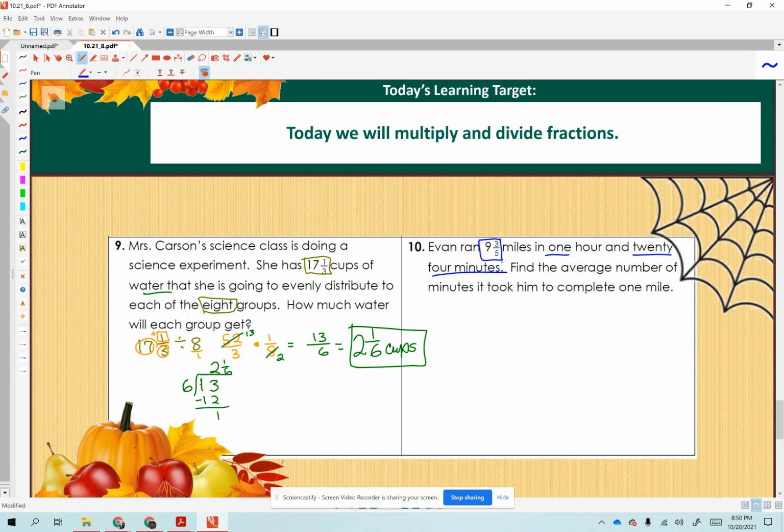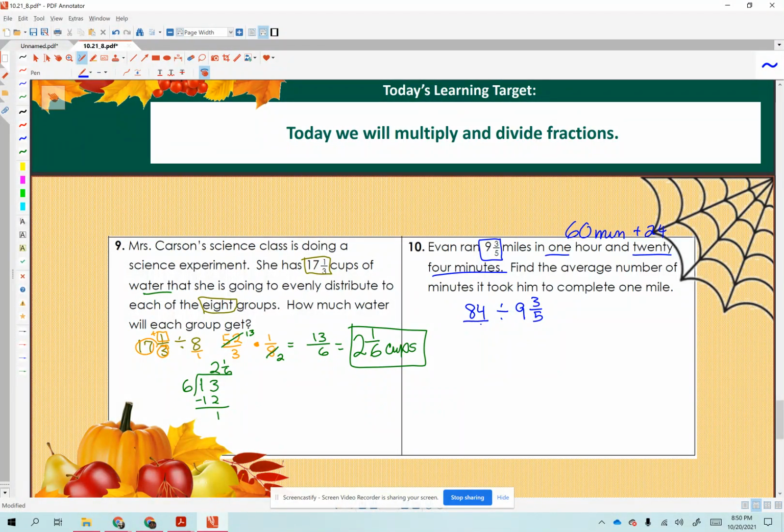Oh, it's not 24 minutes, it's 1 hour and 24 minutes. Okay, 60 minutes plus 24 minutes. That's 84 minutes. So we'll divide that by 9 3/5.